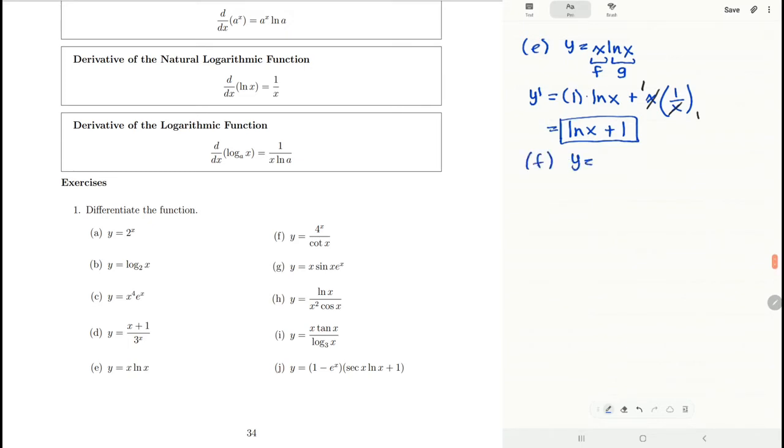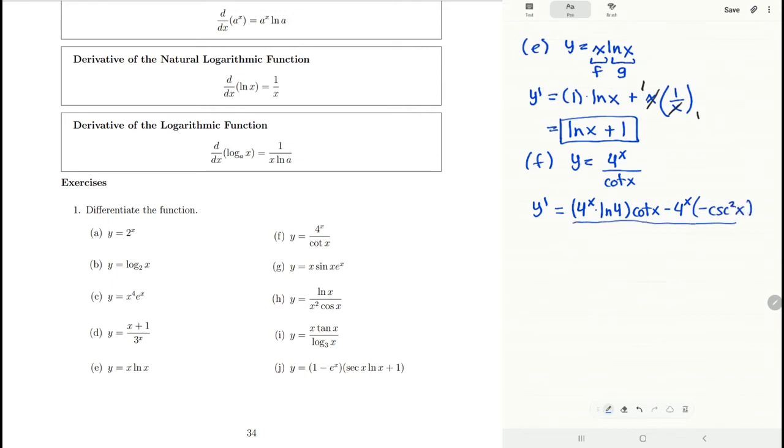Letter F, we have y equals 4 to the x over cotangent of x. And so here we will apply the quotient rule. So the derivative of 4 to the x is 4 to the x times the natural log of 4, and that will be multiplied by cotangent of x, minus 4 to the x times the derivative of cotangent, which is negative cosecant squared.